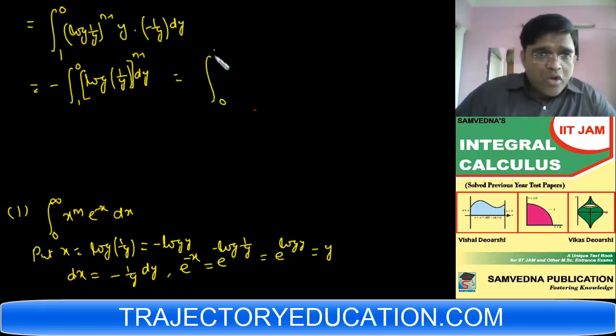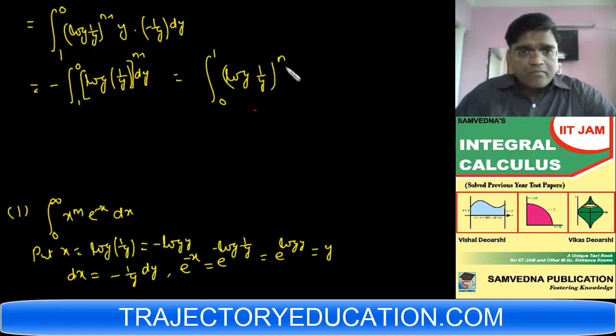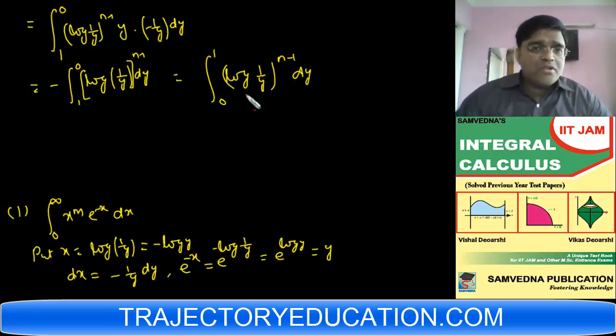I can shuffle the limits and take the minus sign inside, so it becomes the integral from 0 to 1 of (log 1 by y)^(n-1) dy. So the gamma function can be written like this also. This is one of the famous transformations.